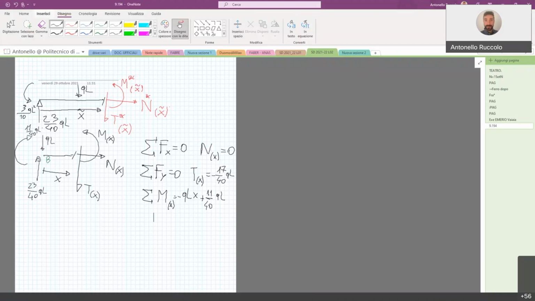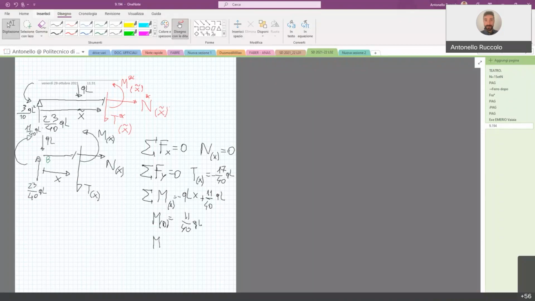So M in the node B, when x is equal to 0, is 11 over 40 QL. That's what we expected.